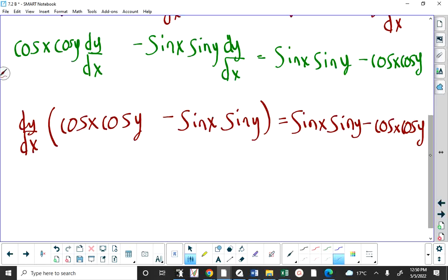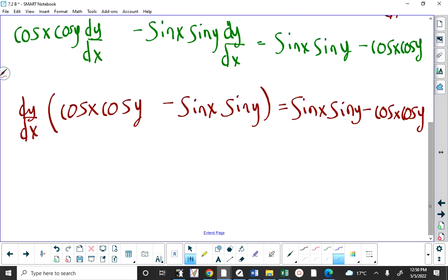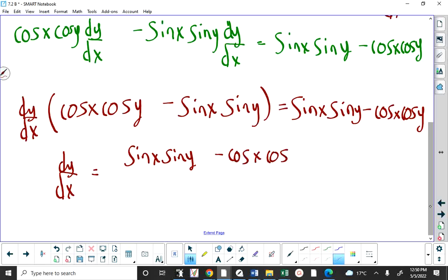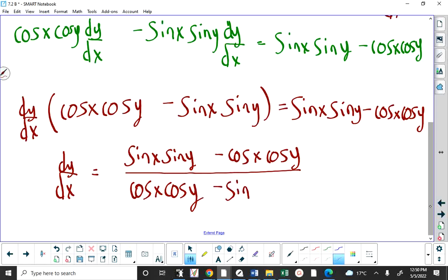Still with me, Marcel? When we divide, we're going to have dy dx equals the right-hand side, sine x sine y minus cos x cos y, over cos x cos y minus sine x sine y, and this is equal to -1.